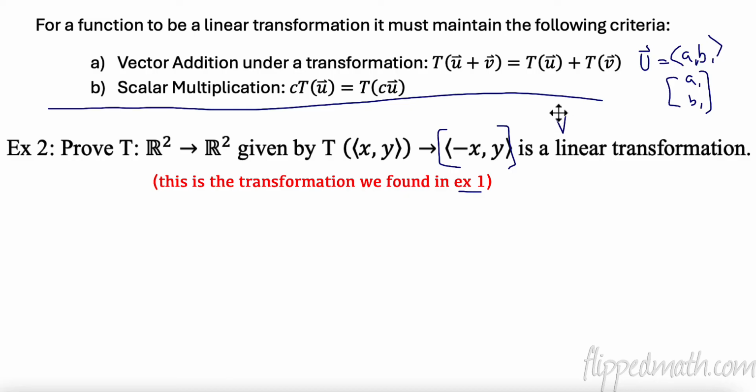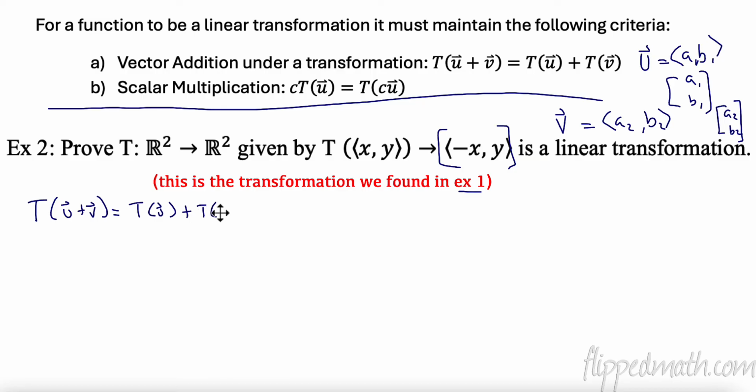And likewise, vector v, we're going to call A2, B2. Creative. And that'll give us the matrix A2, B2. Very good. So we need to see if this is true. Is the transformation of u plus v equal to the transformation of u plus the transformation of v? The first thing is we're going to add our vectors together, then we're going to transform them. So what do we get when we add our vectors together? We are going to add A1, B1 plus A2, B2.